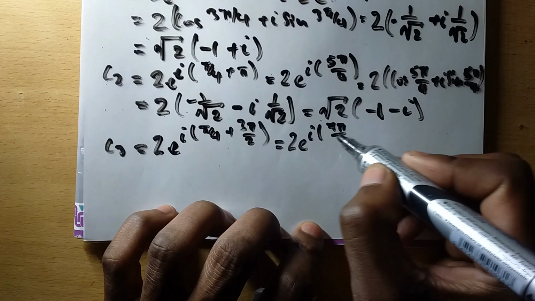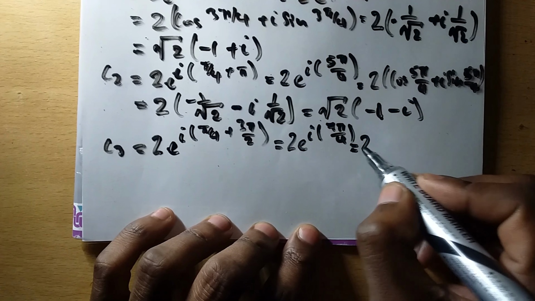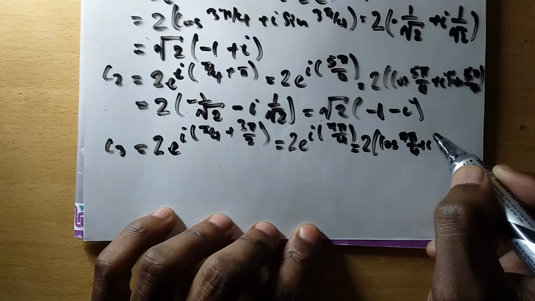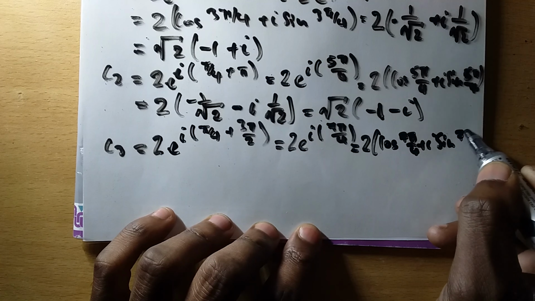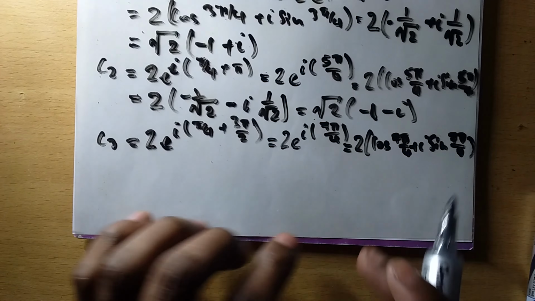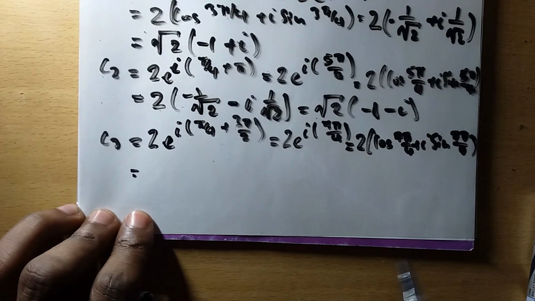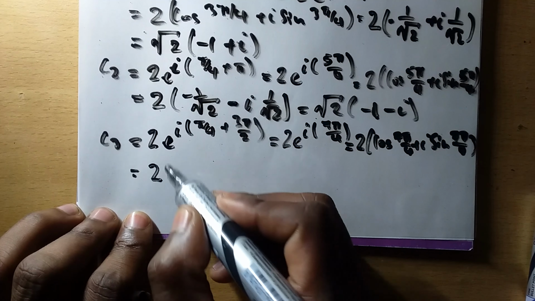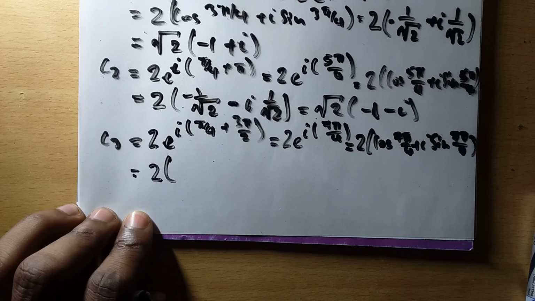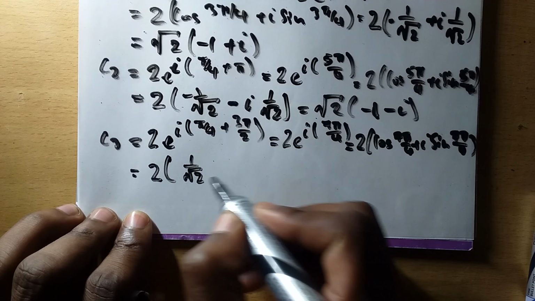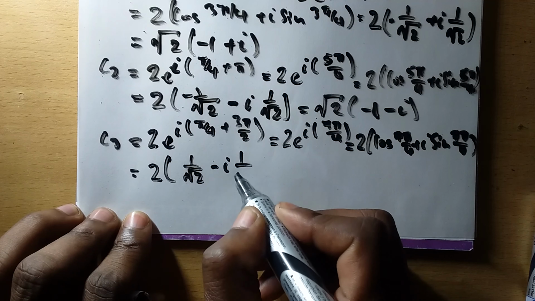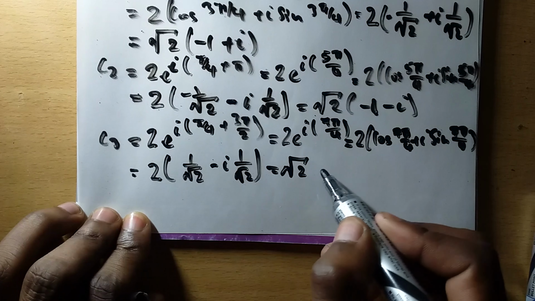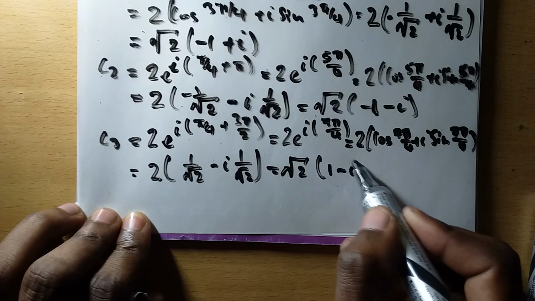So this will be 2 cos of 7 pi over 4 plus i sine of 7 pi over 4. So this thing has been repeating itself over and over again. You're going to see the beauty of it. If you can guess this one, it's just going to be 1 over the root of 2 minus i times 1 over the root of 2. Multiplying by the root of 2, you're going to get the root of 2 times (1 minus i).